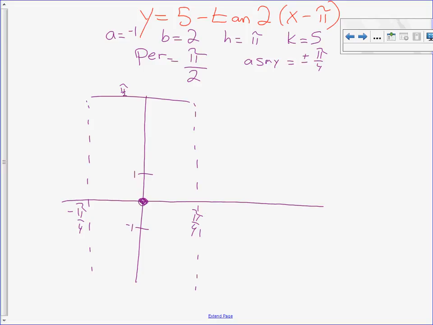And halfway between a quarter and 0 is pi over 8 and negative pi over 8. So A is negative again, so it's working its way down from quadrant 2 towards quadrant 4. So your points are going to be here, here, and here.